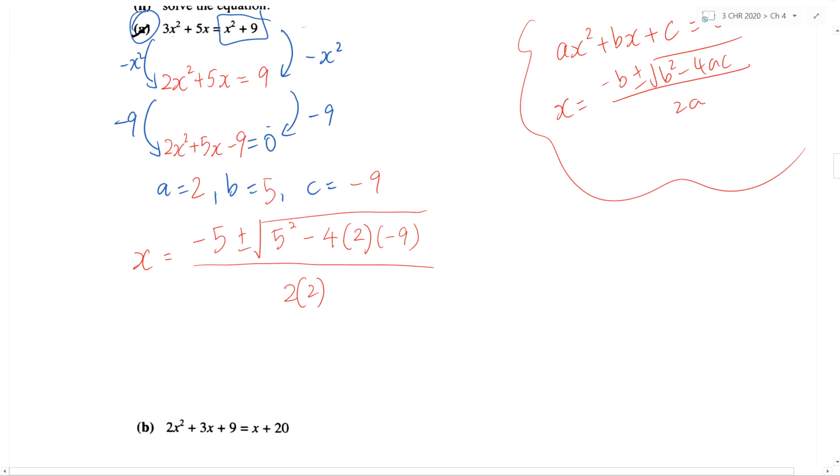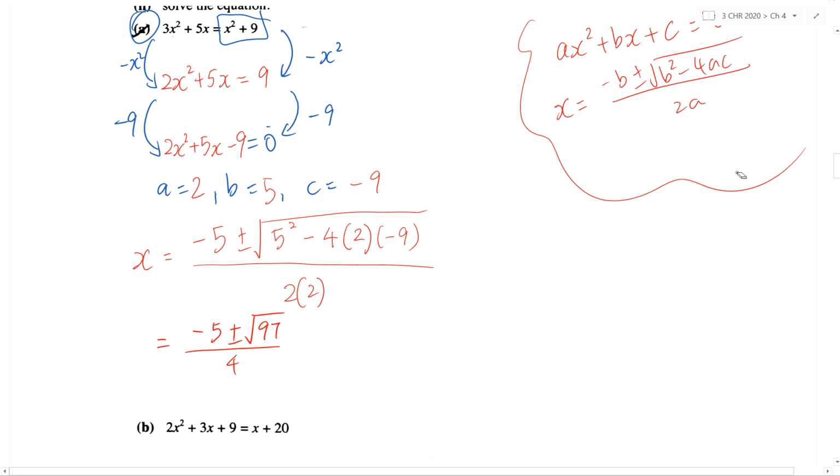So calculator again. Minus 5 plus minus square root 5 squared minus 4 times 2 times negative 9. 97. Another weird number. Over 4.